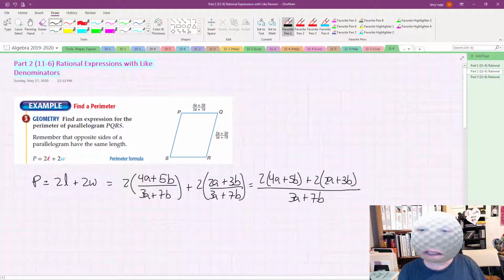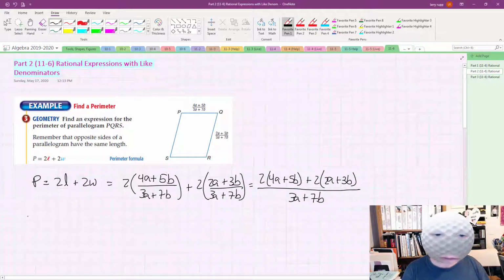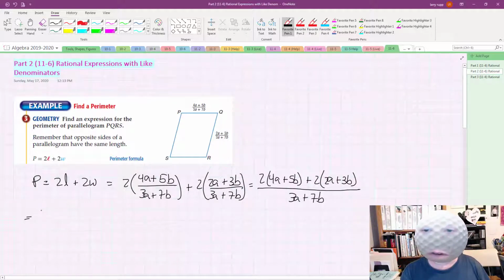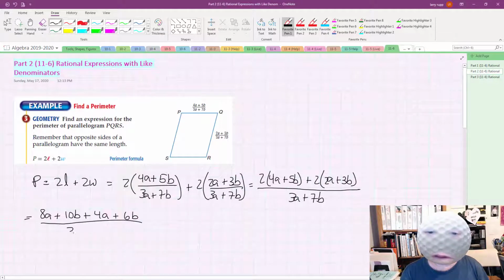Coming back over here, we're going to multiply the numerator out discretely. Looking at that expression, we have 2 times 4a, which is 8a, plus 2 times 5b, which is 10b, plus 2 times 2a, which is 4a, plus 2 times 3b, which is 6b, and that's all over 3a plus 7b.